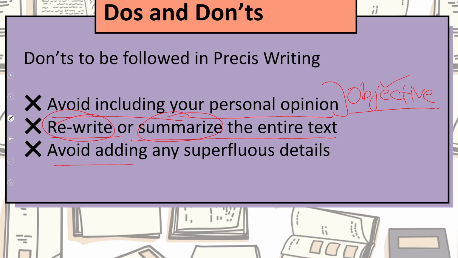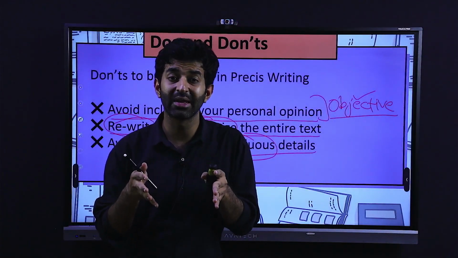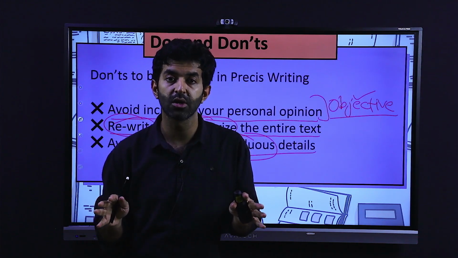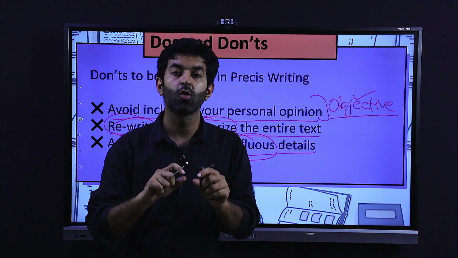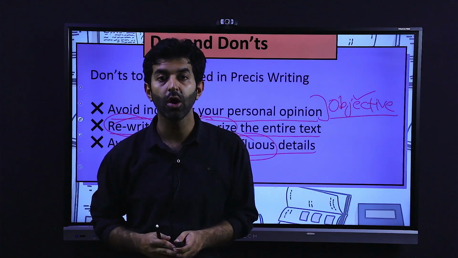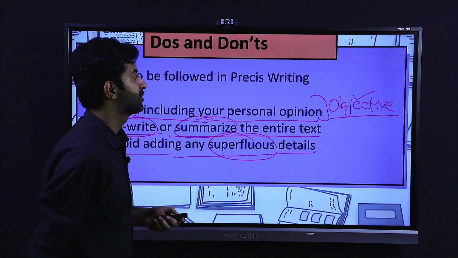Then avoid adding any superfluous details, details that are just telling you the working of something or going into the depth of the topic of the original text. Just give a quick overview of the main points, and then you can conclude your précis. So these are all the don'ts that you have for précis writing.